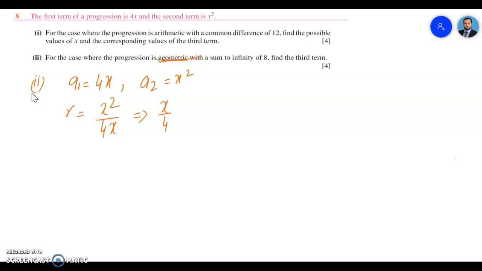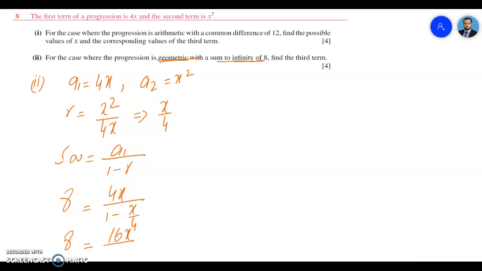And now it says the sum to infinity is 8, so S infinity is equal to a1 over 1 minus r. So S infinity is equal to 8, and a1 is 4x over 1 minus x by 4. So 8 is equal to 16x over 4 minus x.